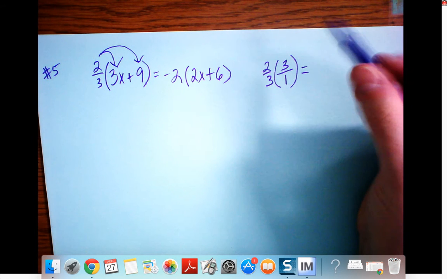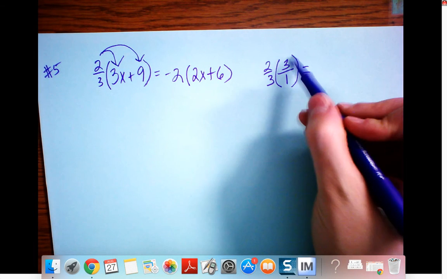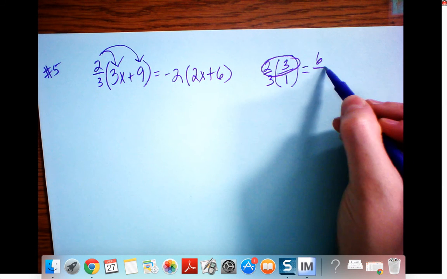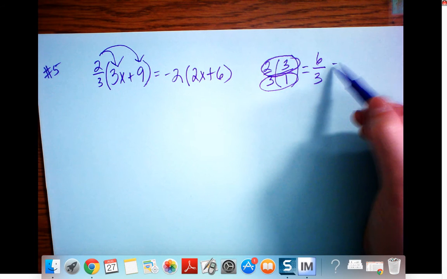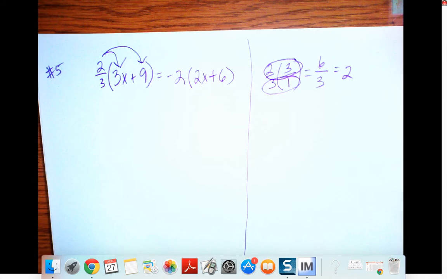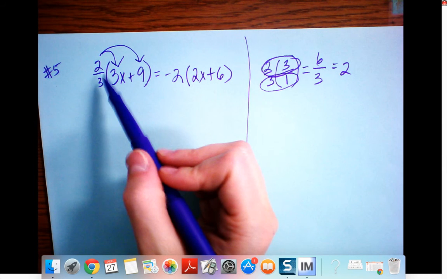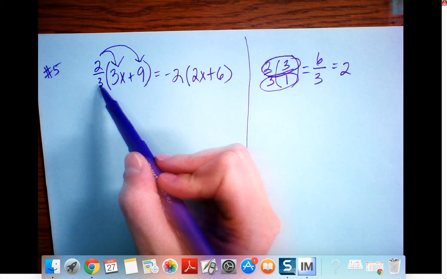So the way that you multiply two fractions is you multiply the top, and you multiply the bottom. 6 divided by 3 is 2. And the way I look at it, I say, well, 2 times 3 is 6, divided by 3 is 2.